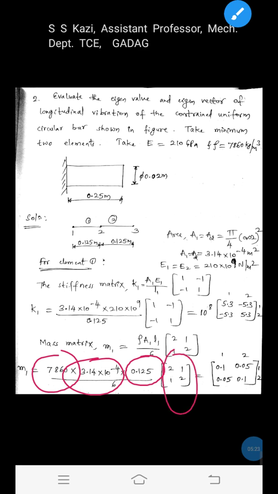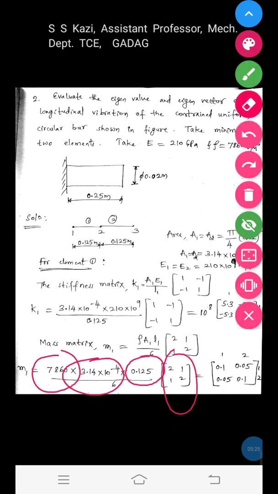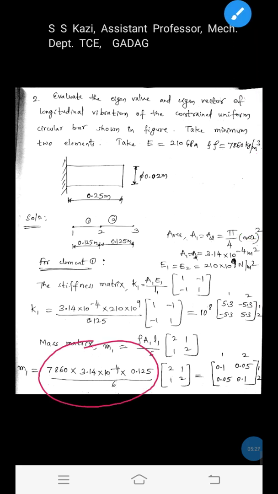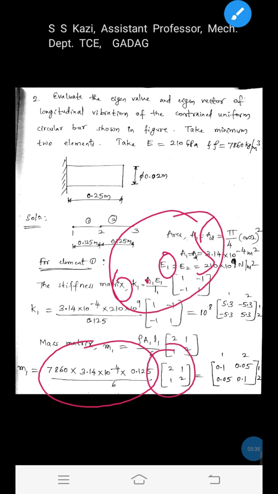Next 2 1 1 2. Once you calculate this ratio rho A L by 6, we will get for element 1, 0.05. Okay, this 0.05 you take it inside, you will get the mass matrix for element 1.